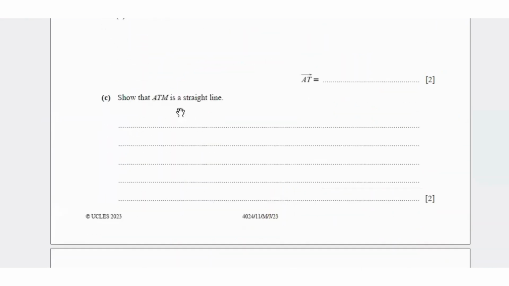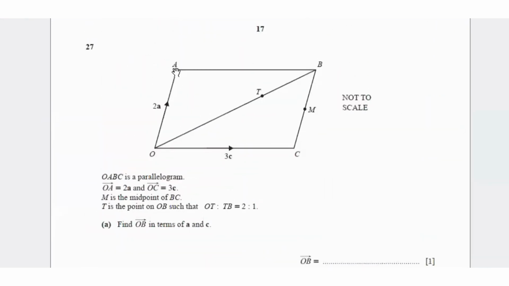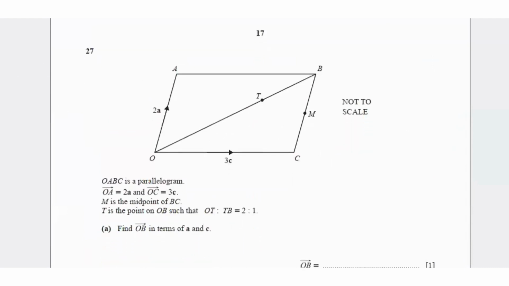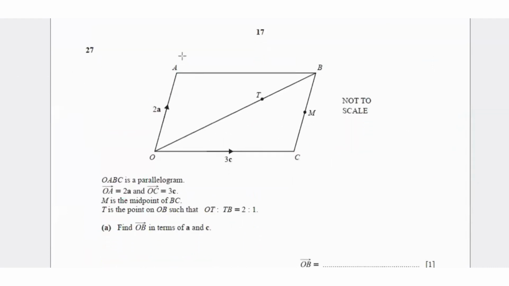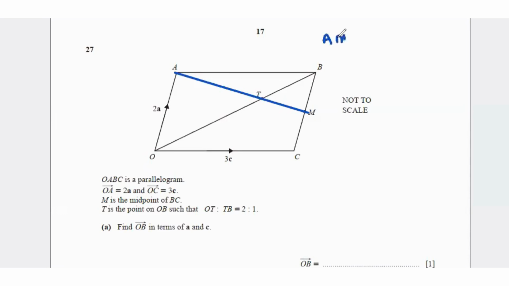Then show that ATM is a straight line. For us to show that ATM is a straight line, we're first going to take AM.